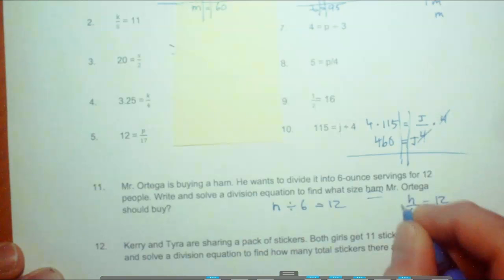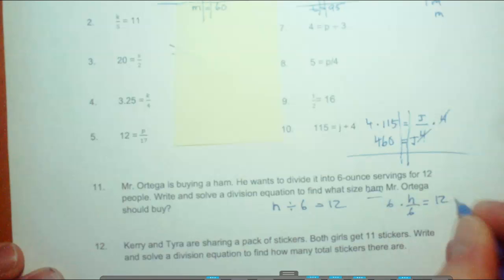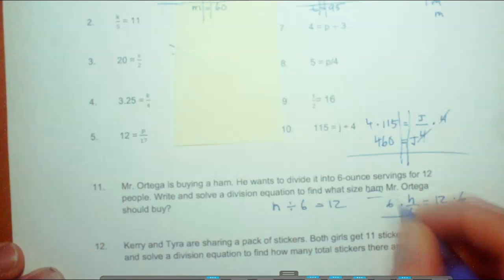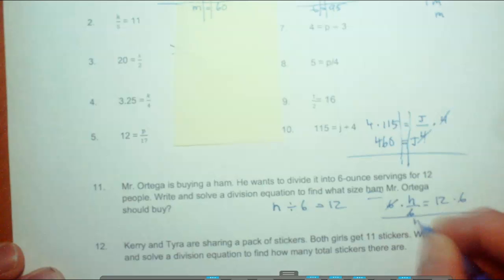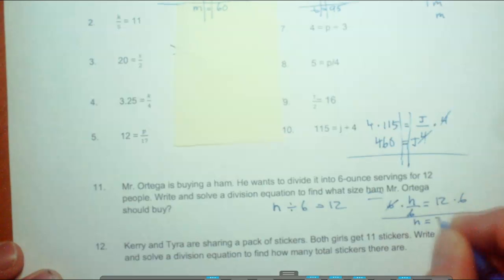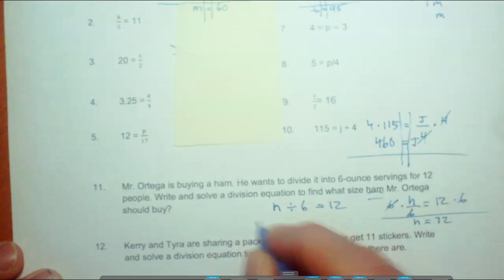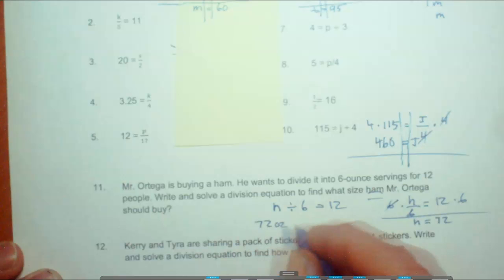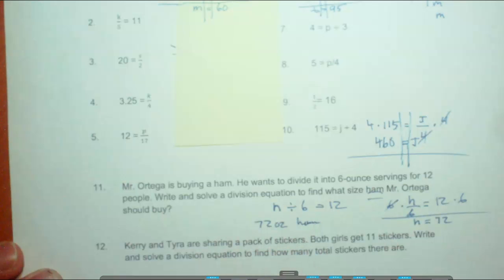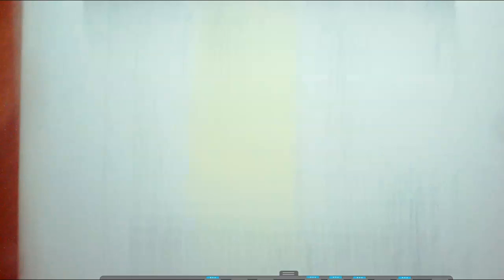We get rid of divided by 6 by multiplying by 6 on both sides. The 6's cross off. You're left with the h. 12 times 6 is 72. So, a 72-ounce ham.